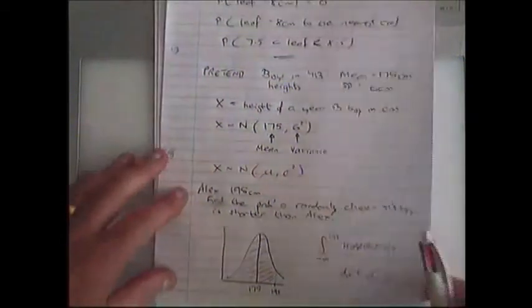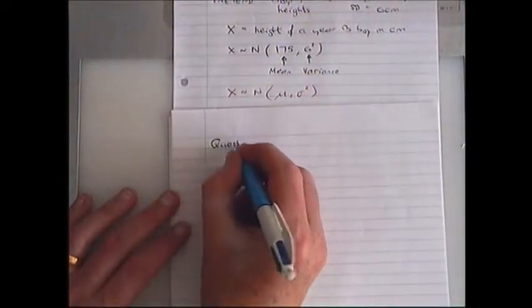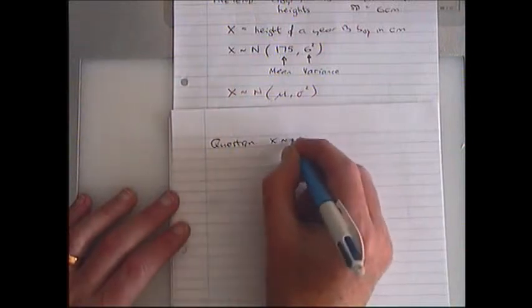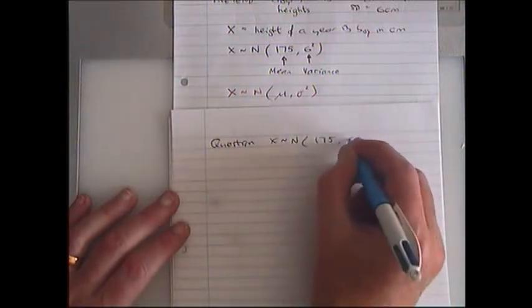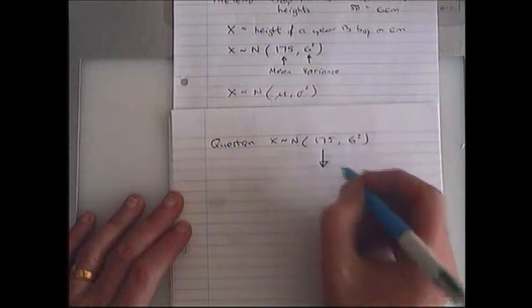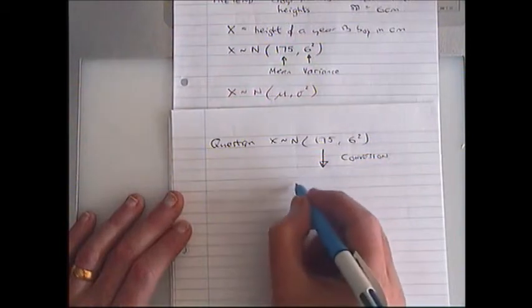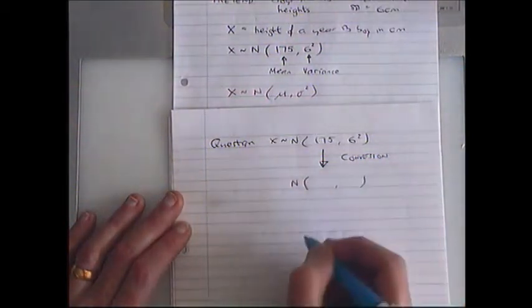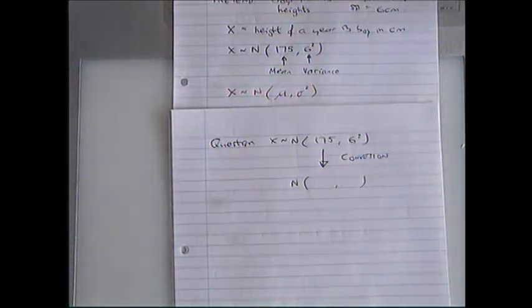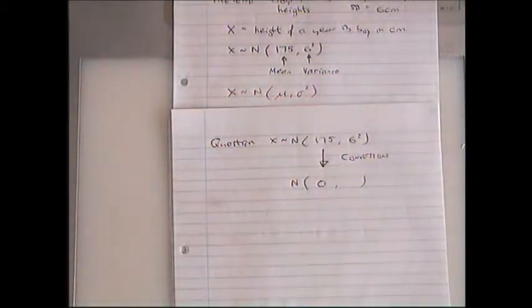So what we had here in this example was our question said x was normally distributed, 175, 6 squared. We now do a conversion process which changes that to a normal distribution with a mean of, and if you look at the table in front of you, you'll probably work it out, a mean of 0 and a standard deviation doesn't actually say on that page.